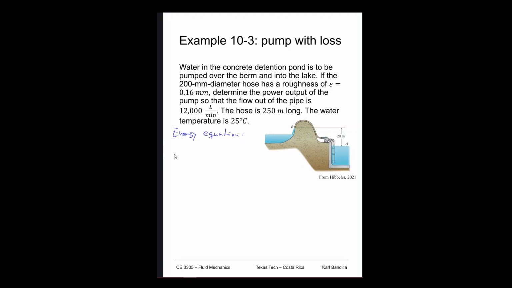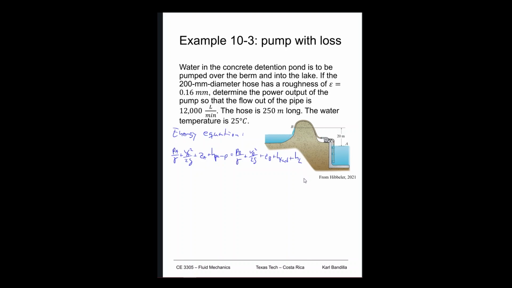Where we have PA over gamma plus VA squared over 2G plus ZA plus H pump is equal to PB over gamma plus VB squared over 2G plus ZB plus H turbine plus H loss.